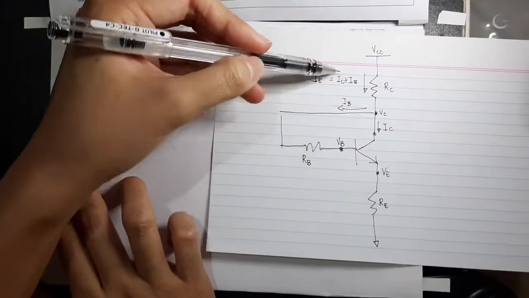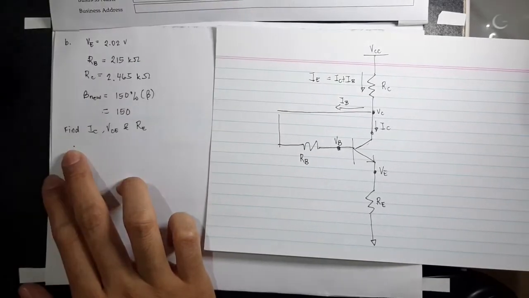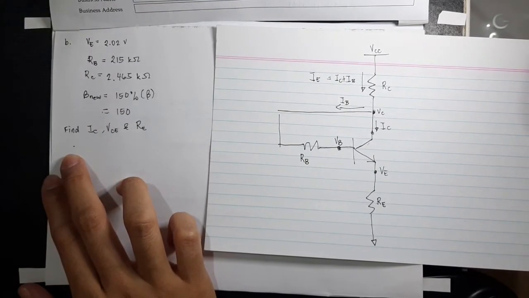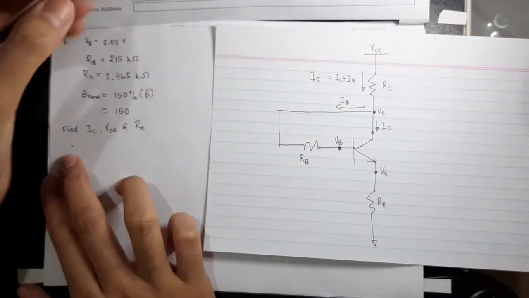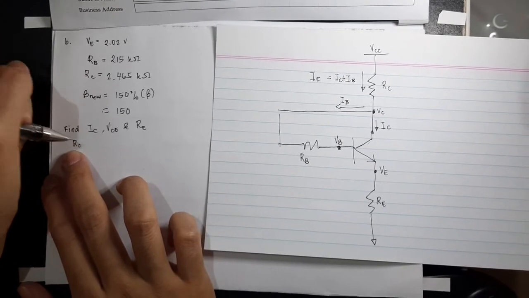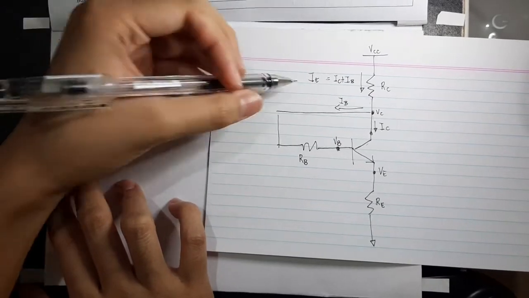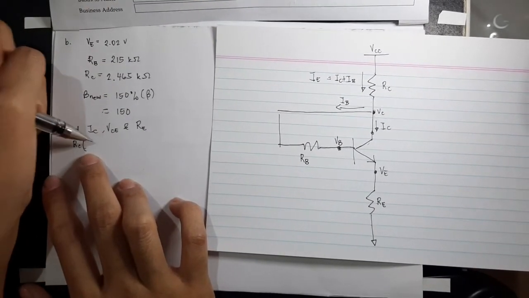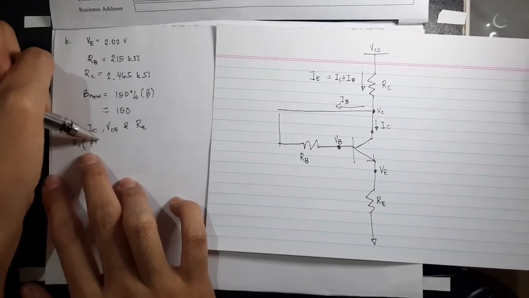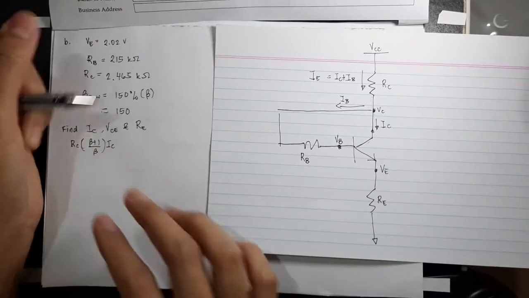But we can substitute this in terms of IC so that we have fewer unknowns. So, the voltage here is RC times IE, where IE is beta plus 1 over beta times IC.